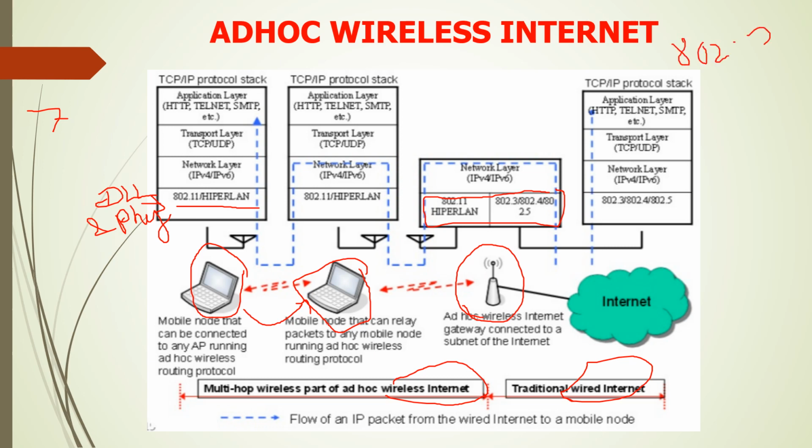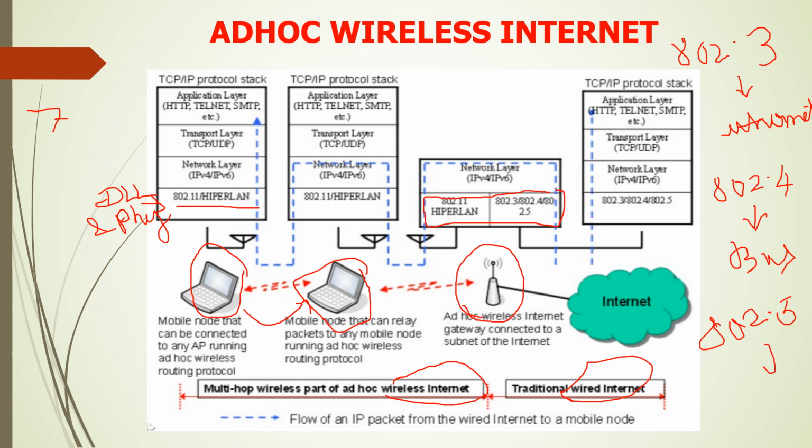802.3 is Ethernet. And next we have 802.4, token bus, and 802.5 is token ring.